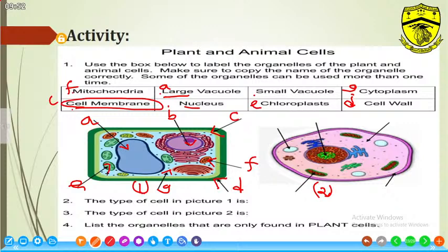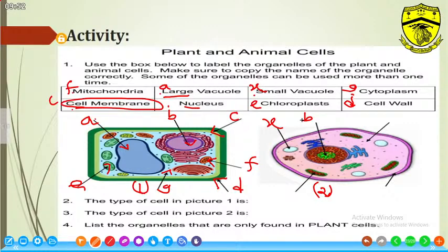And now we observe this is the large vacuole, but this one is the small vacuole. The nucleus is also present. So B is the nucleus.